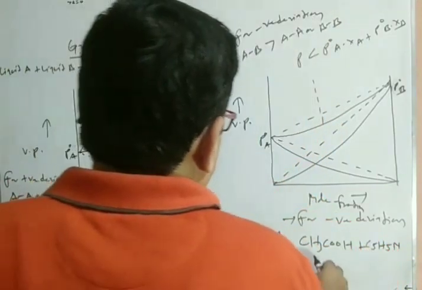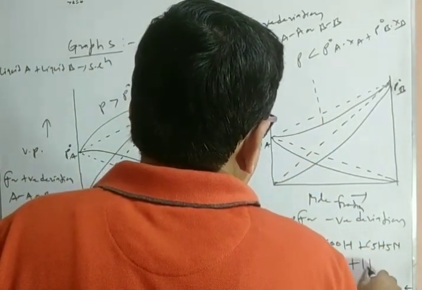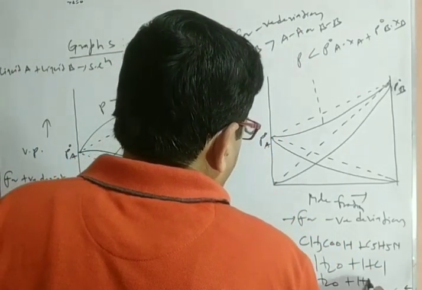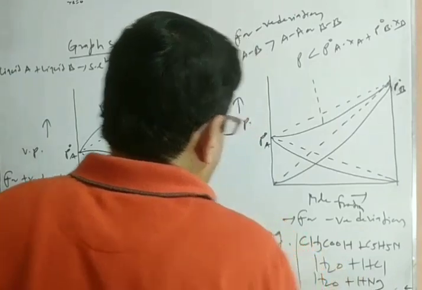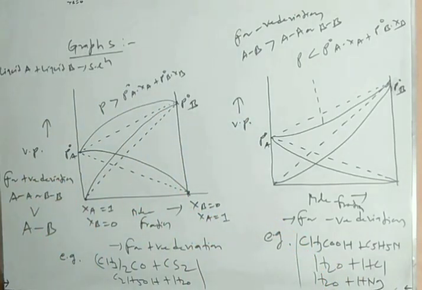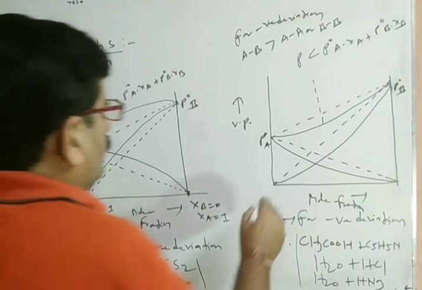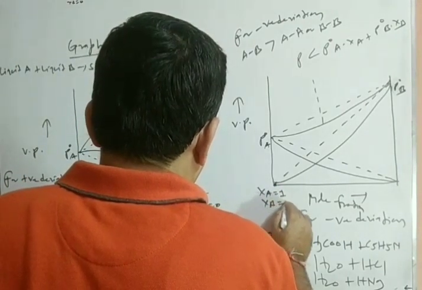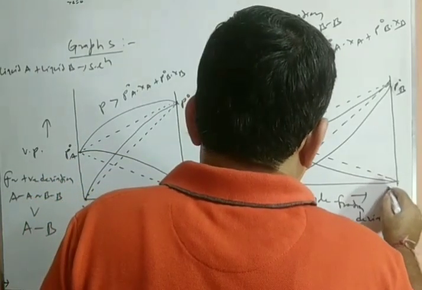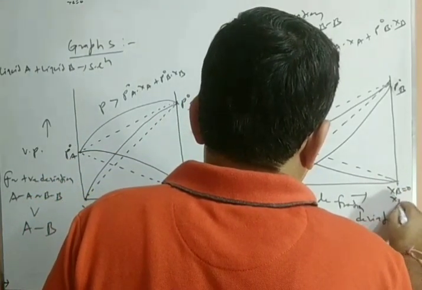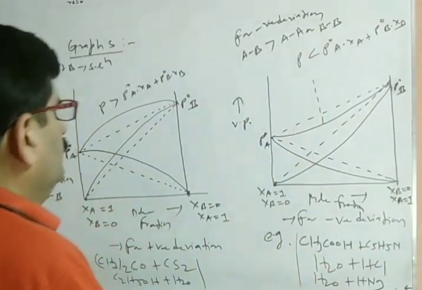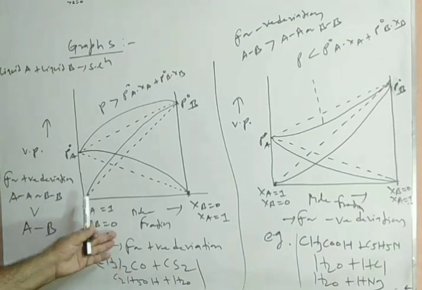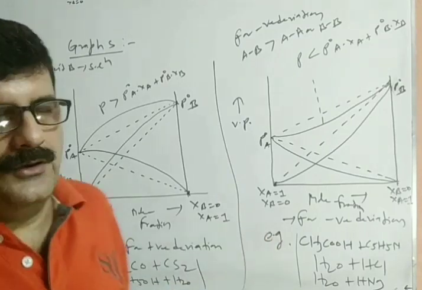The second example, water plus HCl. Similarly, water plus nitric acid. Such mixtures of liquids show negative deviation of Raoult's law. Here we can write XA is equal to 1, XB is equal to 0. Similarly, XB is equal to 0, XA is equal to 1. Such are the graphs for positive deviation and negative deviation.